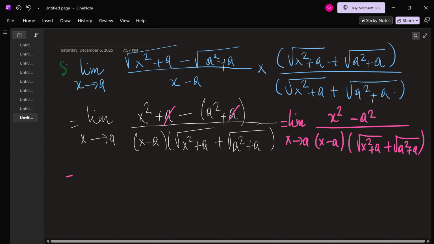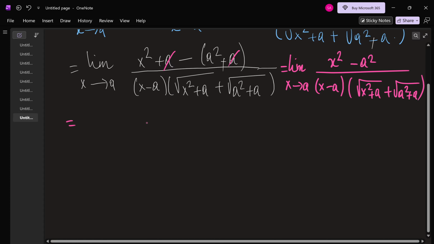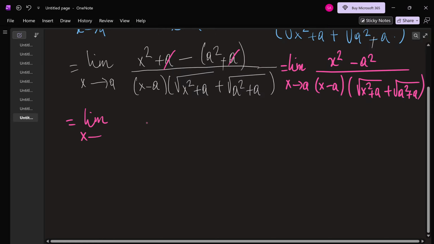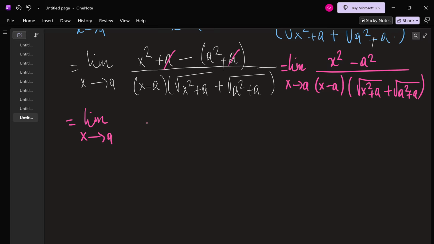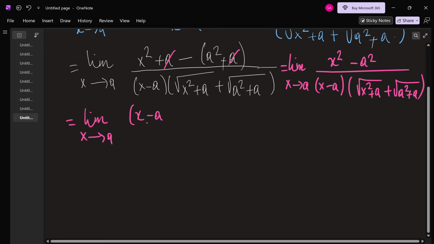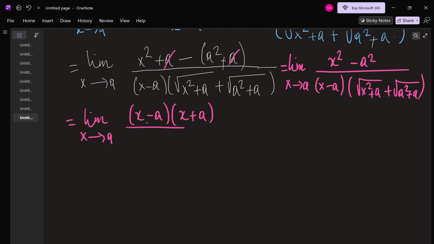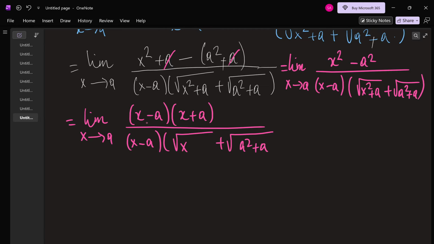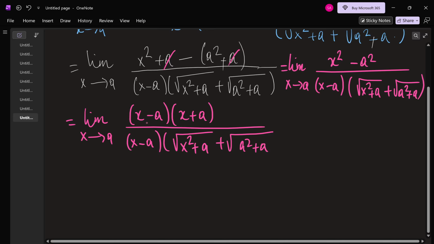Now the numerator will be equal to the limit as x approaches a of x minus a times x plus a, all over x minus a times the square root of x squared plus a plus the square root of a squared plus a.